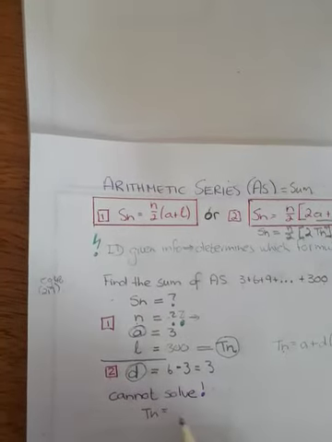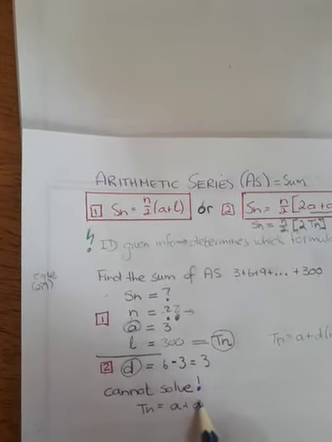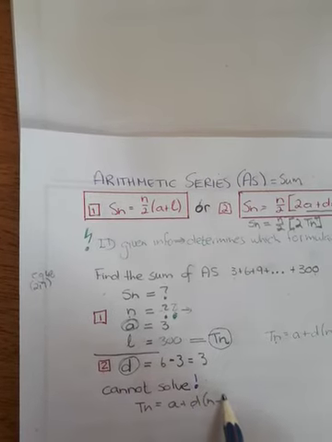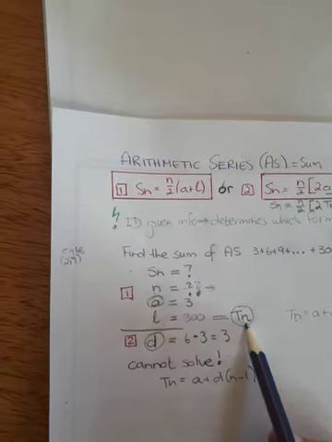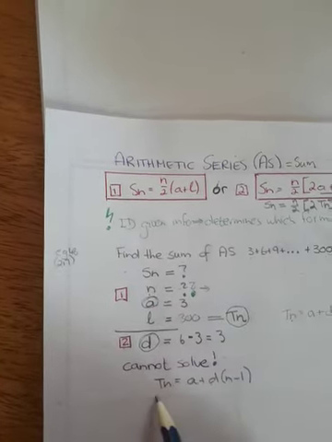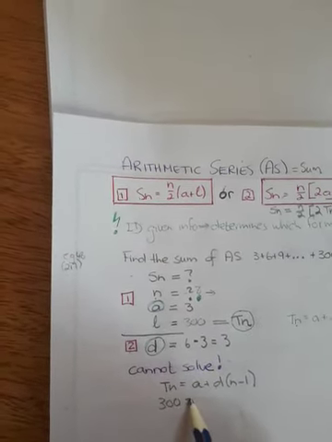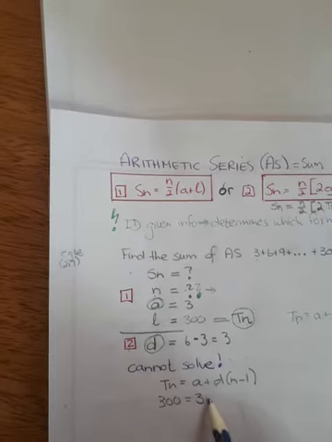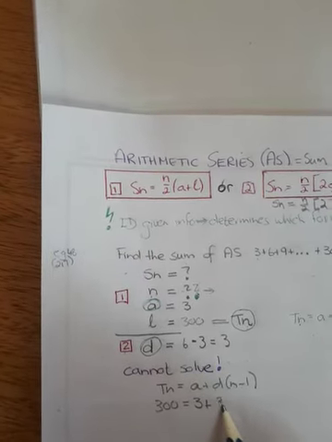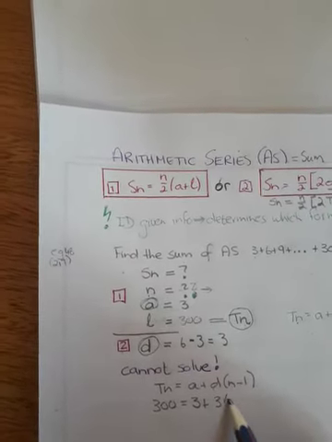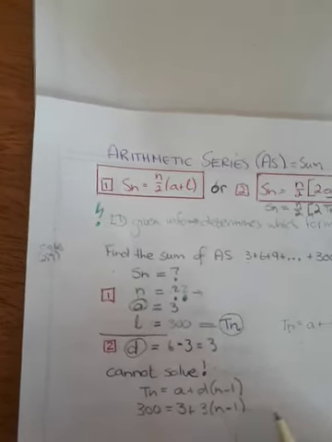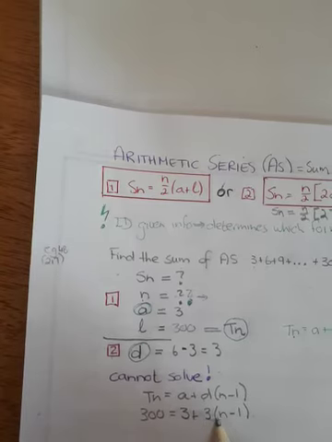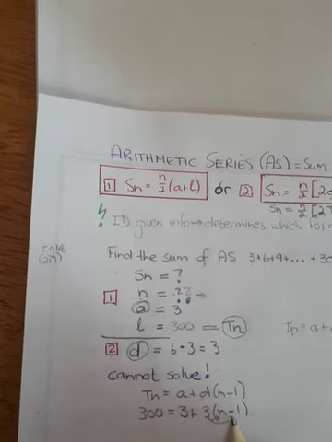So now let's work with Tn. Tn equals a plus d times n minus 1. Substitute your relevant information. Tn is 300, a is 3, the common difference is also 3, and then n minus 1. Now we're just going to solve. Multiply out the bracket.